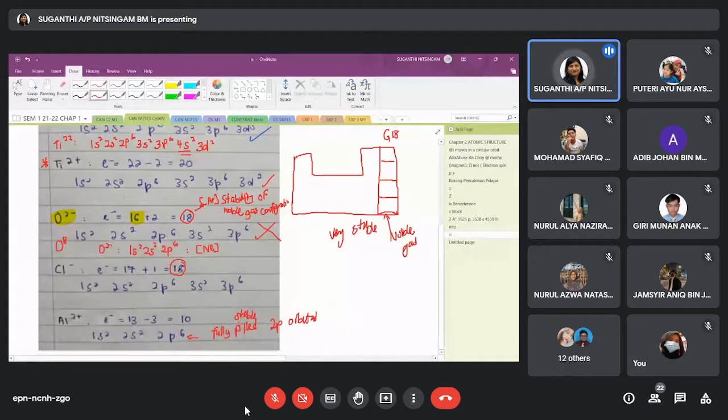So the stability of noble gas configuration. Okay, understand? Okay, understand? Can?